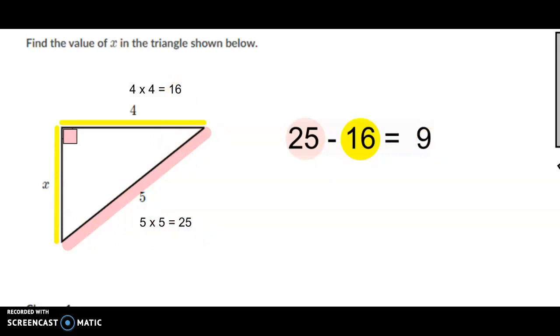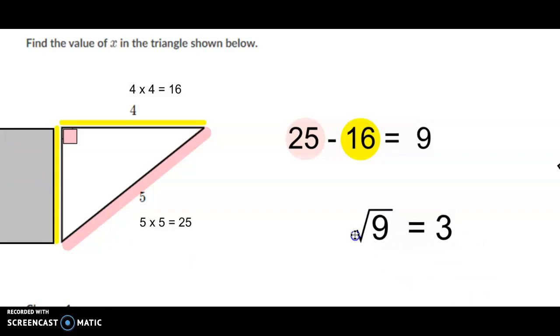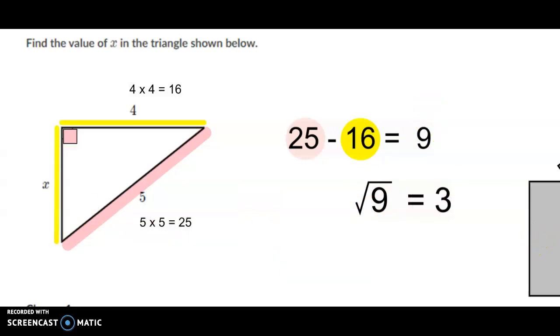And understand that 9 isn't the length over here, but it's the area of that square. And so we'll end up taking the square root of the 9 to get the 3, because 3 times 3 is 9, the area of that square. And so we come up with our final answer of x equals 3.